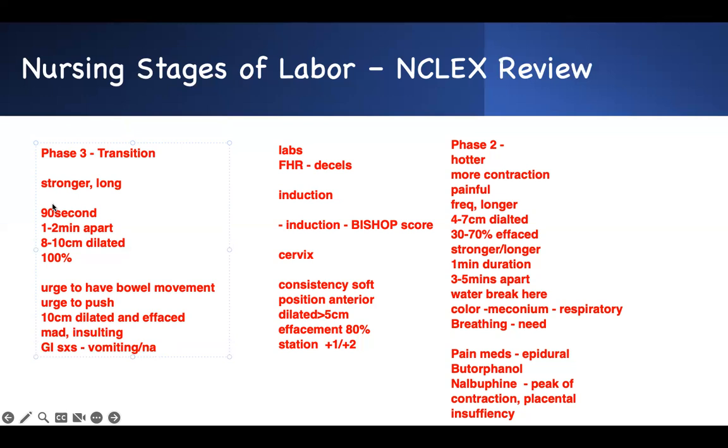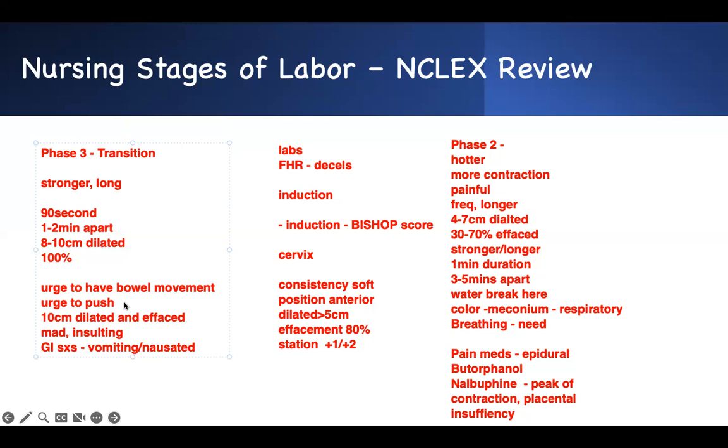All these things are signs you have to know. If they ask you about phase 3, if I describe a patient in labor who now has the urge for a bowel movement, the urge to push, is mad at everybody, trying to vomit, yeah, they are in phase 3 of stage 1.